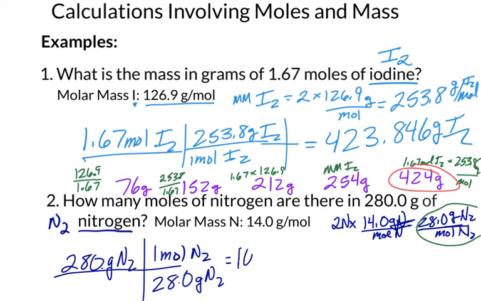And in this case, if we were to see it as a multiple choice question, we would be given the options of 0.05 moles of N2, 0.10 moles of N2, 10 moles of N2, or 20 moles of N2. The 0.05 moles is if you used 14 grams of N and divided that by 280 grams of N2, which of course is wrong, and that would give us 0.05 moles.